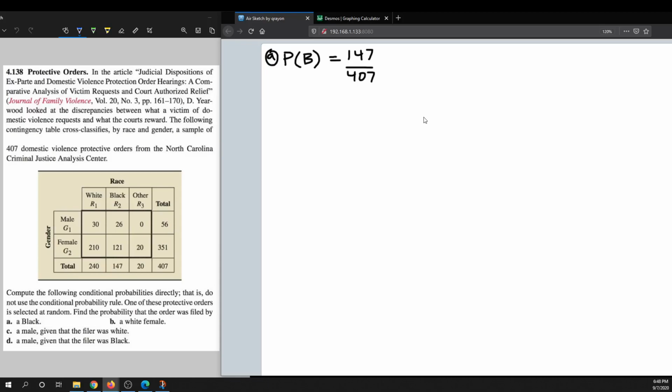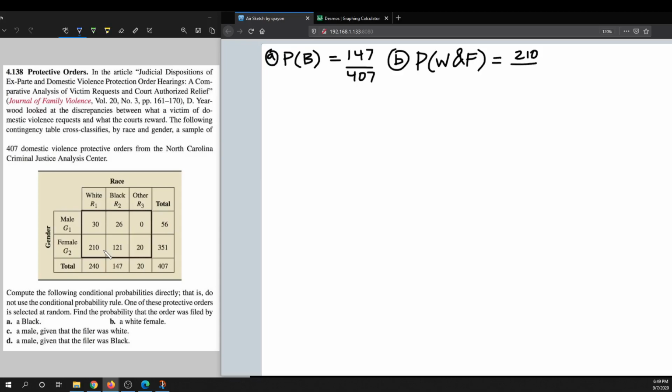All right, part B, they want to know what is the probability that the person is white and female. So that involves two variables, right? Race and gender. And so this is going to be given by one of the cells in our contingency table right here. So I just look at the intersection of white and female, and you can see that the number in that cell is 210.